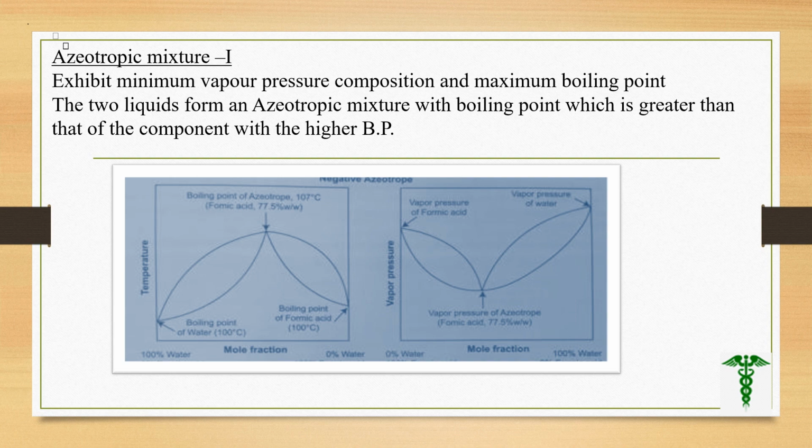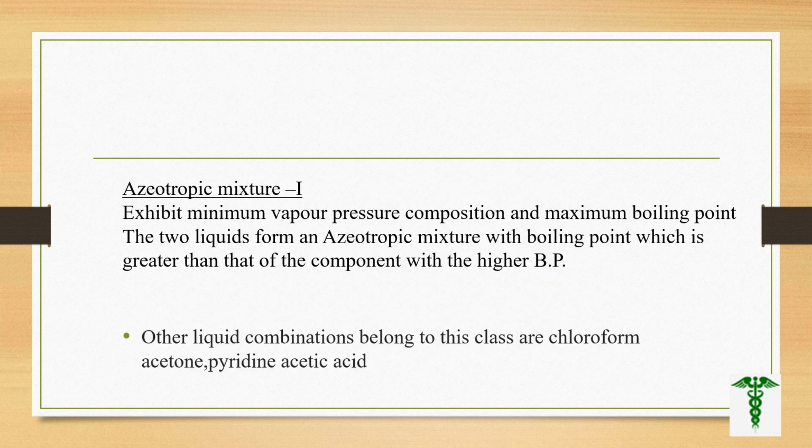The boiling point of water is 100 degrees Celsius, but formic acid is less than 100 degrees Celsius. When plotting the azeotropic graph, we draw either temperature versus mole fraction or vapor pressure versus mole fraction.